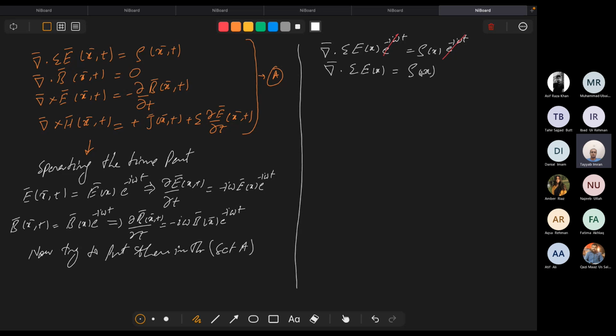So you have position dependent stuff here. This equation will be position dependent, time independent now.